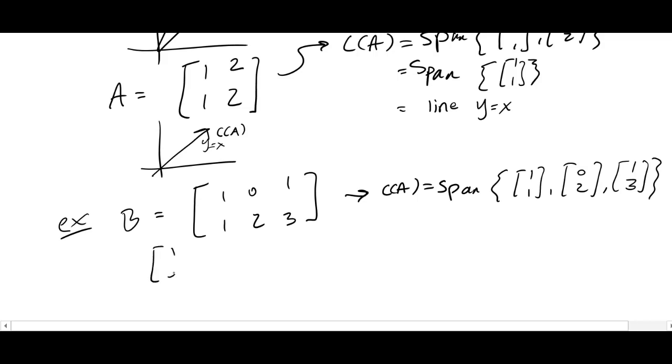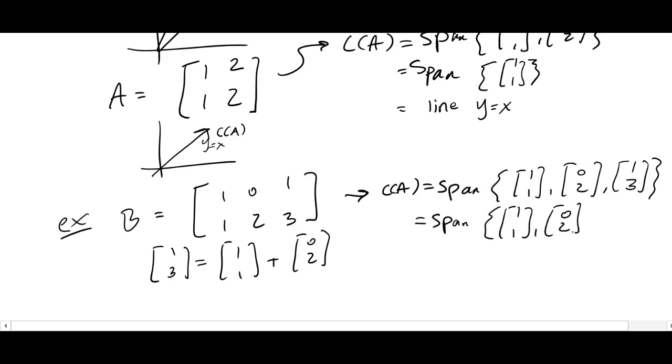So this is the same as just the span of the first two vectors. And that's all of R2. So even if you have more than two columns, that's not necessarily going to give you more than just the two-dimensional space for this matrix.